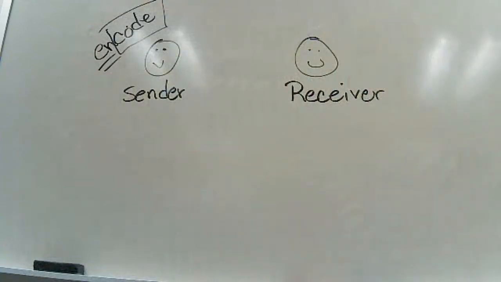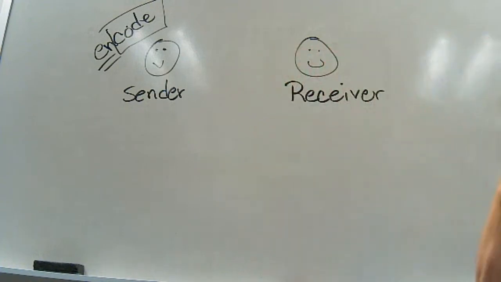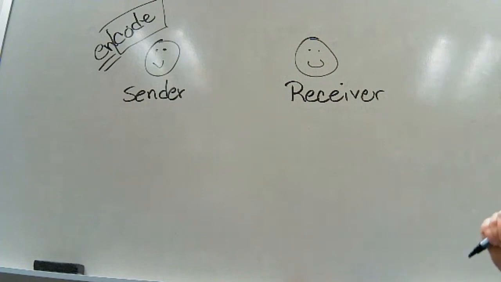Okay? And what we have to do is to put those feelings and those thoughts into some type of a code that we think the receiver is going to know. If the receiver doesn't know it, what we have here is a failure to communicate.